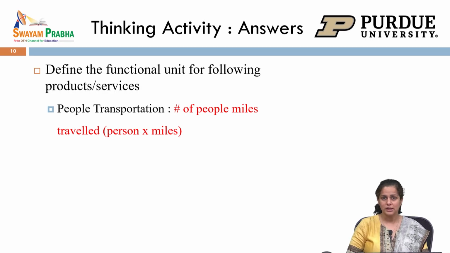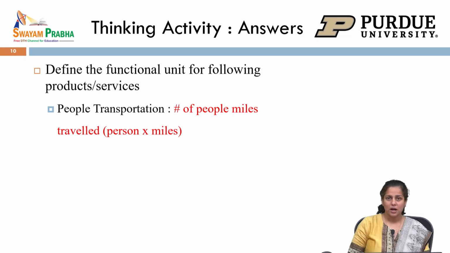So what we call that is number of people miles, because the functionality of public transportation is to transport people. So it should not be just how many people or how many trips are being made, but it is actually the miles traveled. So it is person times miles.